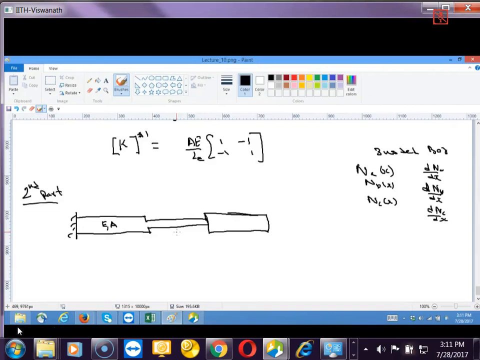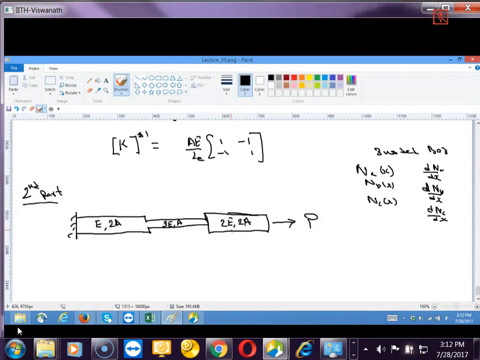The cross section area is 2 times of this one, and this one is 3 times E. The modulus is higher, and the cross sectional area is A, that is half the times of this. Let's say this one is 2 times E and cross section is 2A, and I have loaded at this end with a point force P. This is the problem I want to solve.